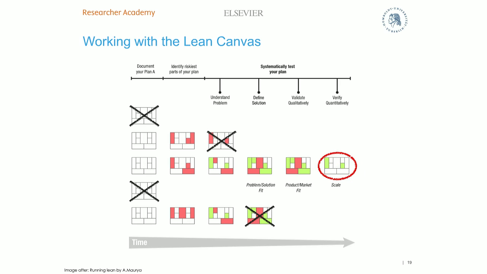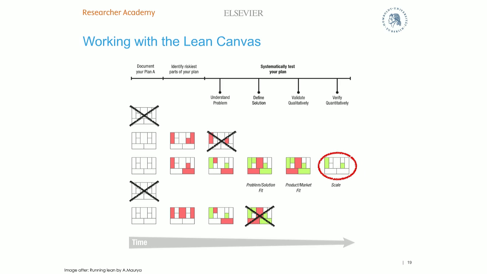Normally you start with plan A, so this is something which you can write down right away, which is what is in your head. You write it down in the canvas. Maybe you have different ideas, so you have different versions of your plan A, and you will have to decide which direction you're going to take, so you throw some of them out.